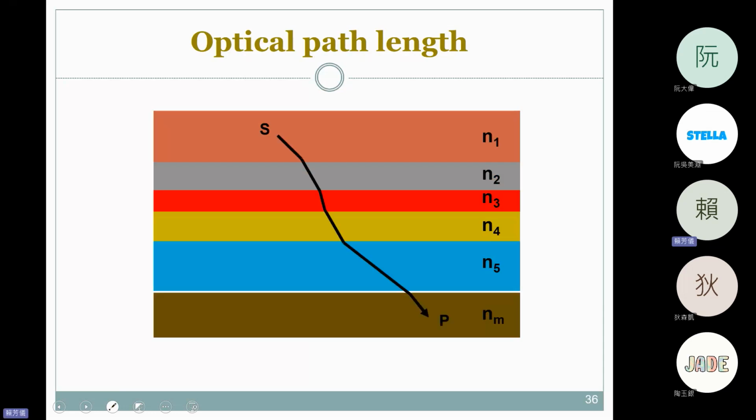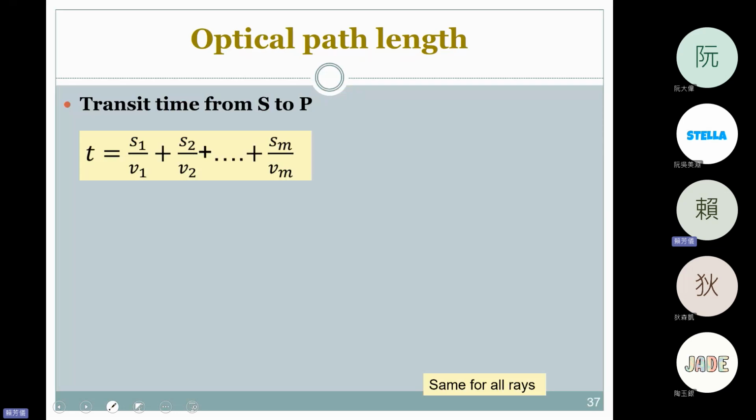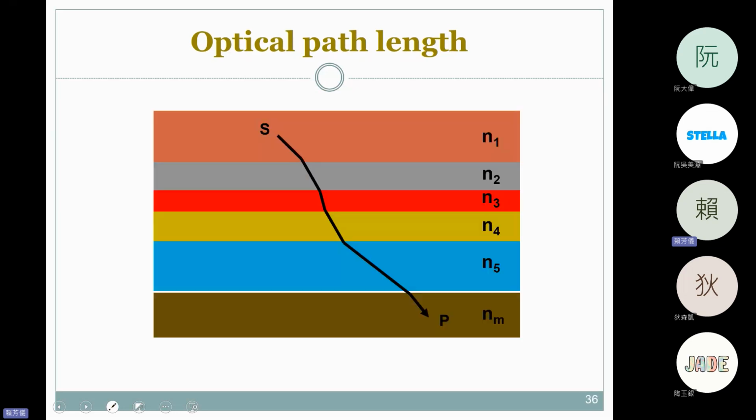Okay, now we want to go through the optical path length. What is the optical path length? We can see that the light transmits from S to P, crossing many different materials.